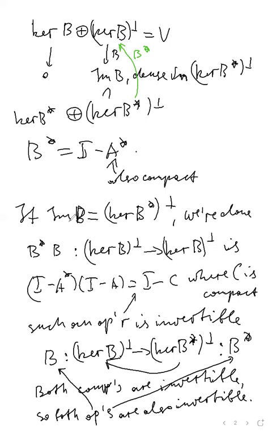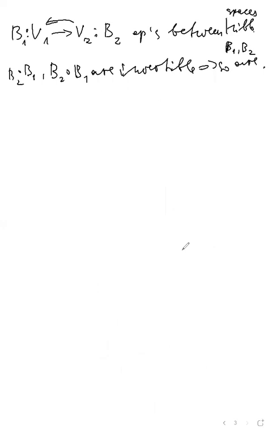Well, since the map B is an isomorphism between the kernel of B orthogonal and the kernel of B star orthogonal, we have this equality. So let's put this down.